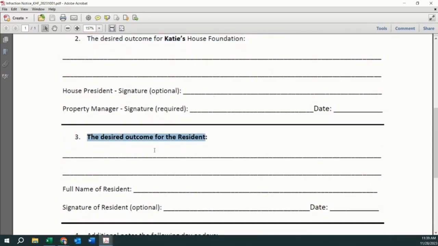The desired outcome for the resident might be that they want to go to a higher level of NAR recovery house, meaning they might want a level 3 house instead of a level 2. And normally a level 3 is going to have transportation for them. They might require them to do an outpatient program, and so there might be more expenses involved with that.